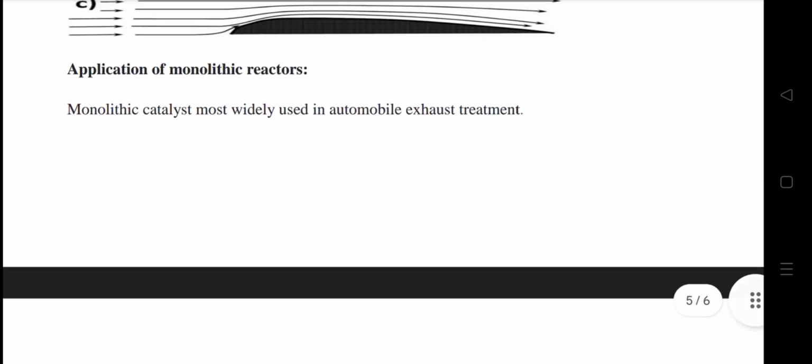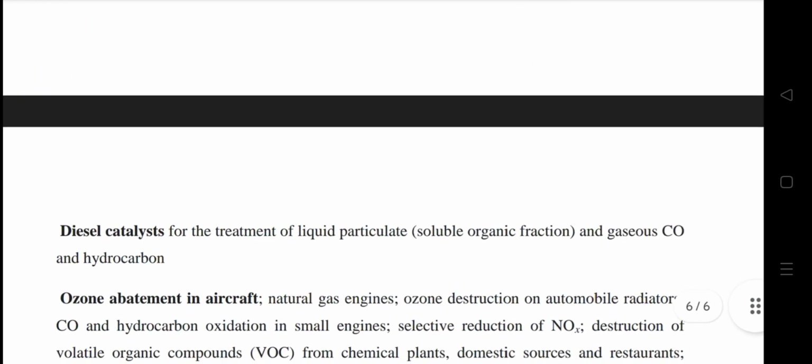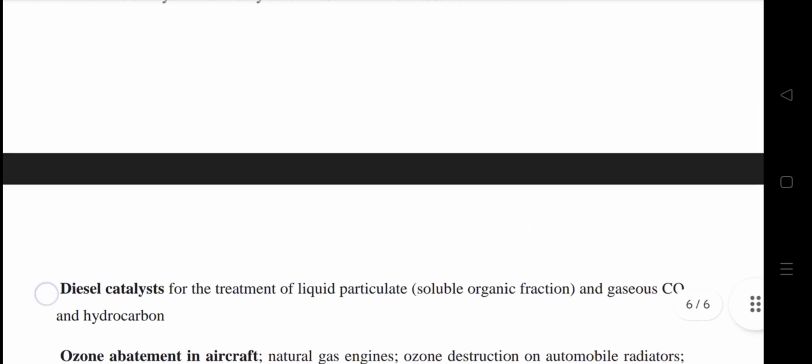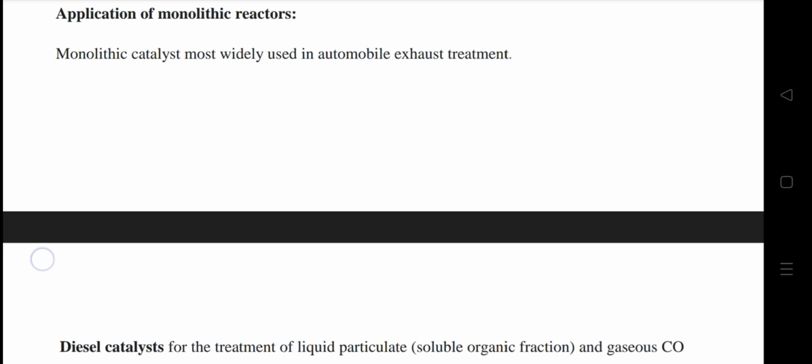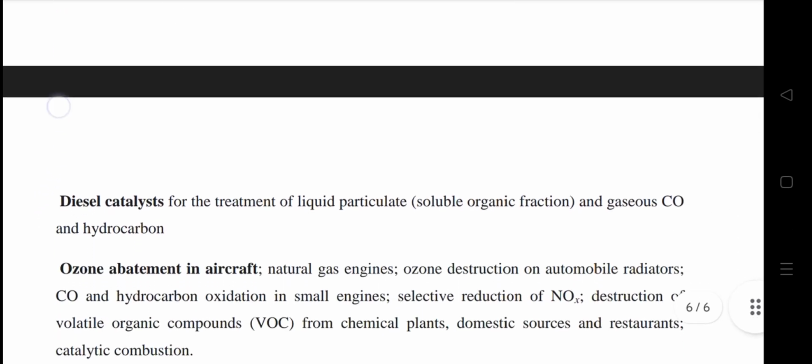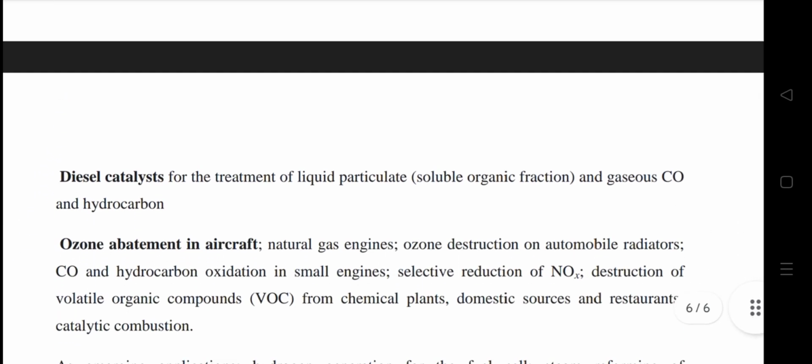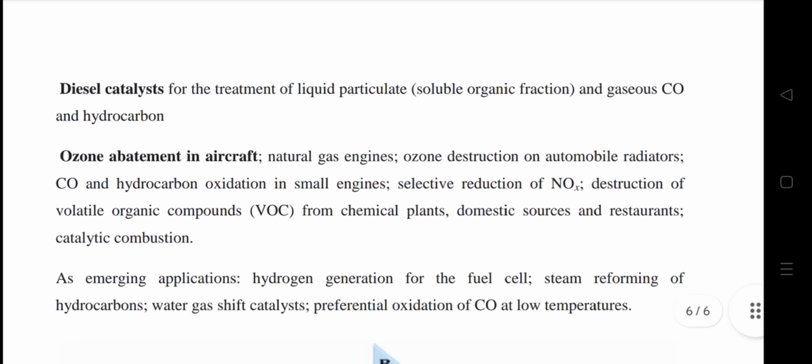The other application of the monolithic reactors is in automobile exhaust treatment, diesel catalysts for the treatment of liquid particulates and gaseous carbon monoxide and hydrocarbons.